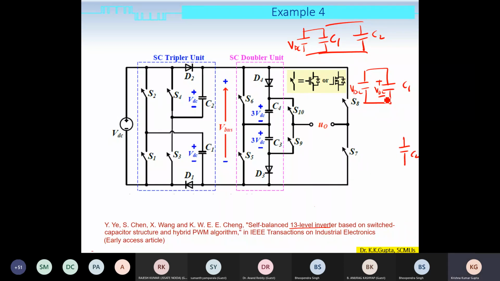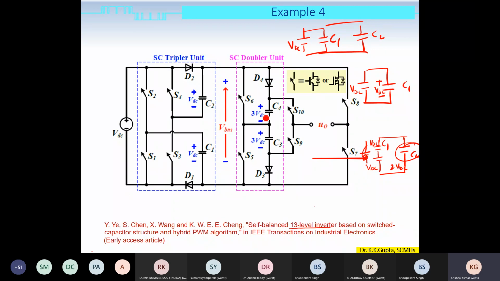Now for C2, you take this series connection of VDC and capacitor C1, and you bring it in parallel with C2. So C1 was charged to a voltage VDC, which means that C2 will be charged to a voltage 2 VDC. So you can further improve the boosting part without adding additional capacitors.